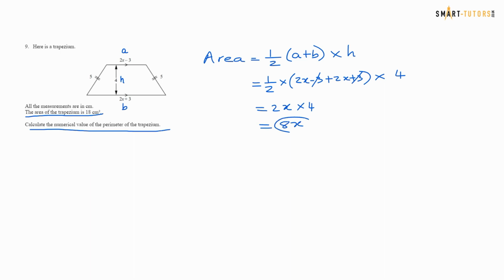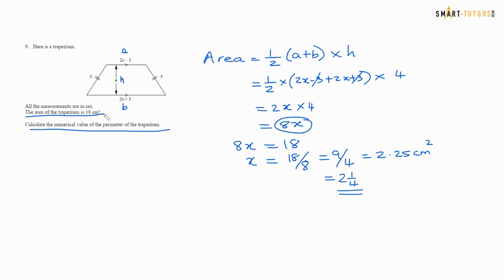So that is the area expression, and given 18 is the area, we are going to equate 8x equals 18. x equals 18 divided by 8, which is 9 over 4, is 2.25, or if you want to leave it as it is, 2 1/4, that is fine.